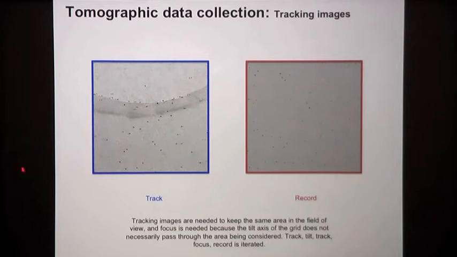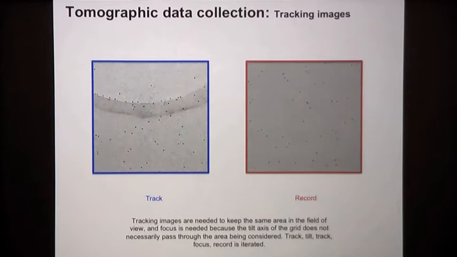So this is an example of a series of additional images, and this is the region of interest that we want to target. These additional images are important because they allow us to track our sample during tilt series data acquisition, allowing us to keep the feature of interest in the field of view.